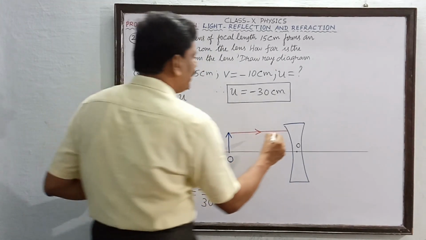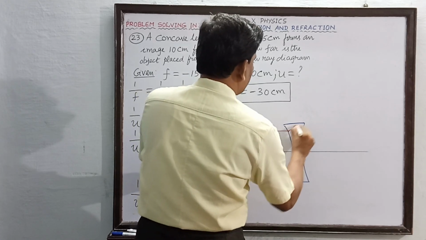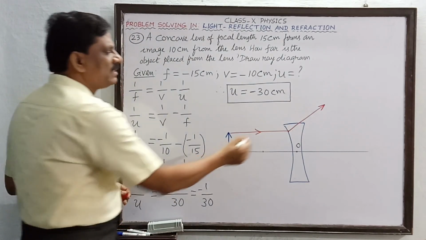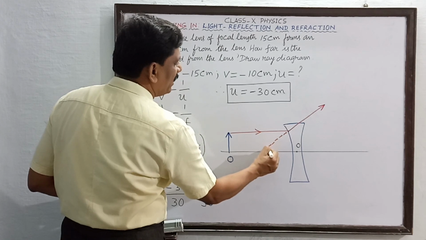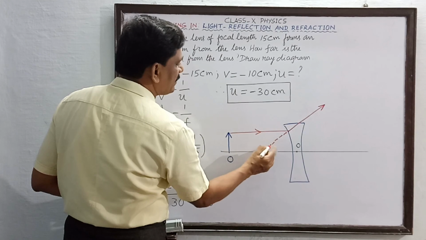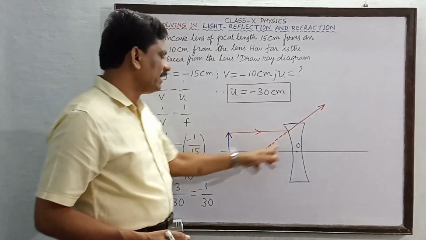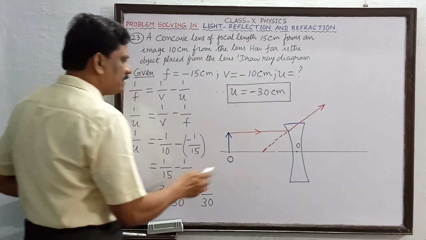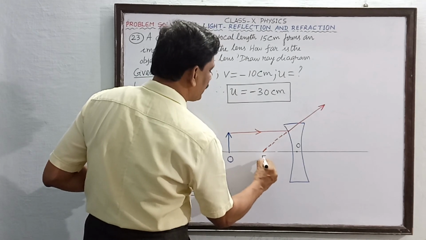So this is the diverging light, like this. Now if you produce this divergent light in the reverse direction, it appears to pass through the principal focus. So like this. Okay, students, I have produced this refracted ray back. It will be passing through the principal focus. This is the principal focus.